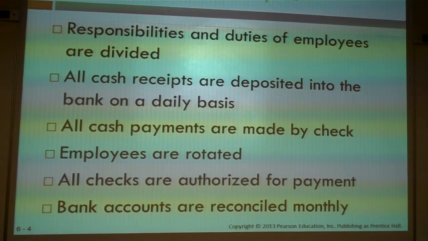The tellers have a quota: how many loans they process, how much money they bring in, how many new accounts they open, how many new households they have. That's a lot of money. They don't actually process the loan application, but they get the referral.